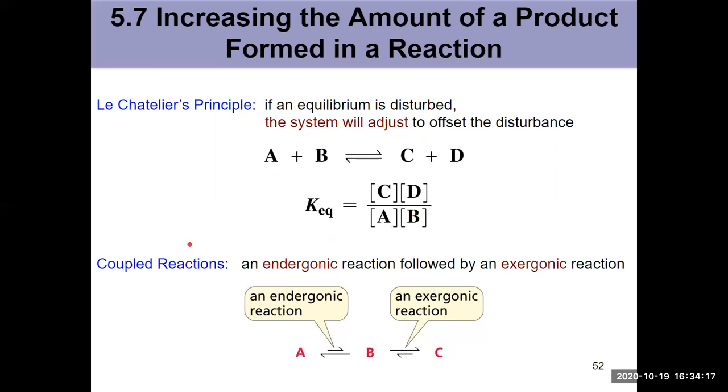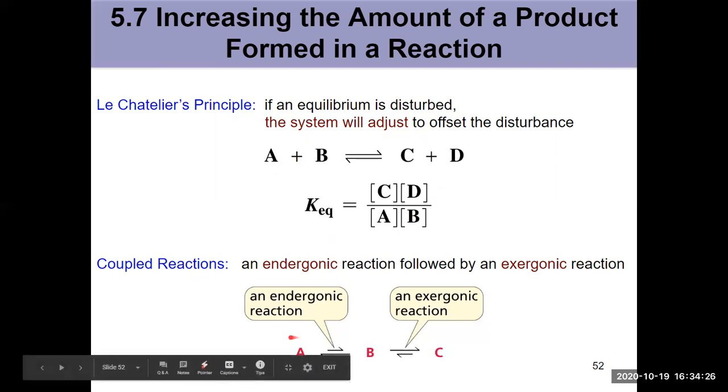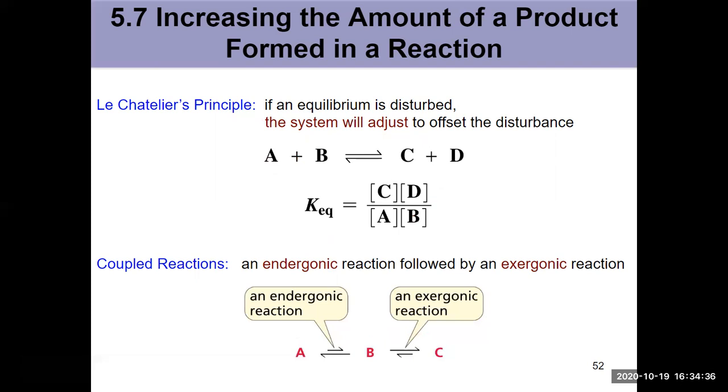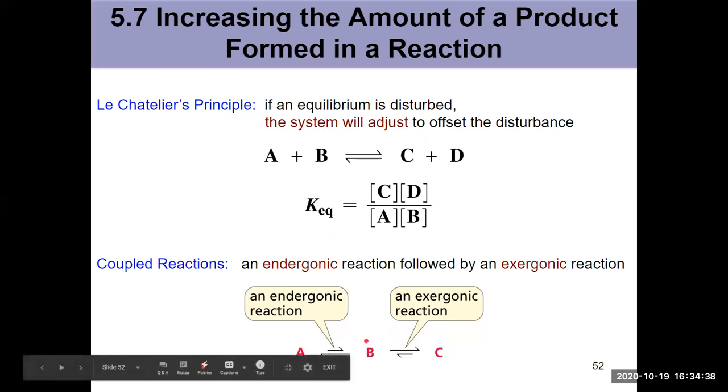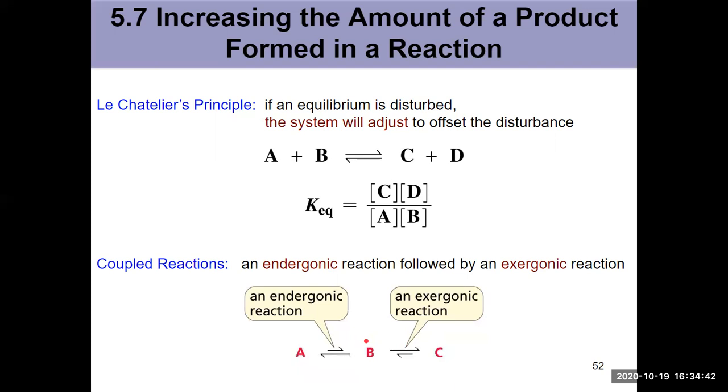There are also coupled reactions. These are really common both in organic and in biochemistry in the human body. If I have an endergonic reaction that's immediately followed by an exergonic reaction, that's a coupled reaction. It's kind of a double application of Le Chatelier's principle. In this first step, the endergonic reaction, very little bit of that B is made.